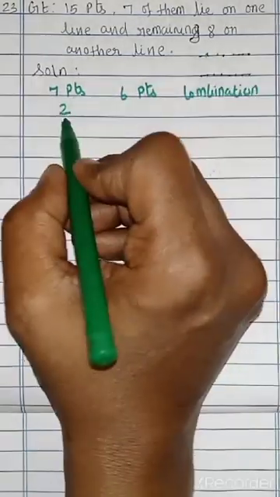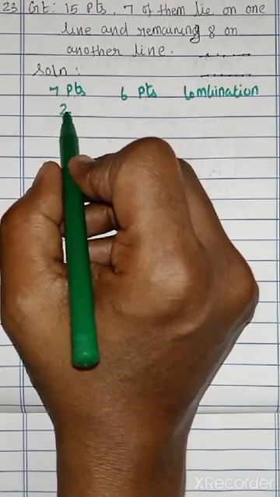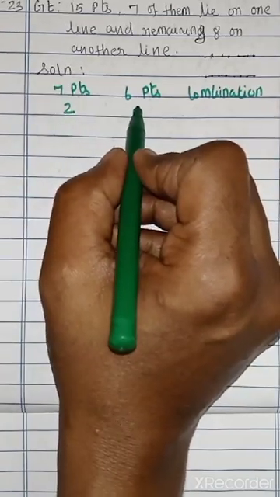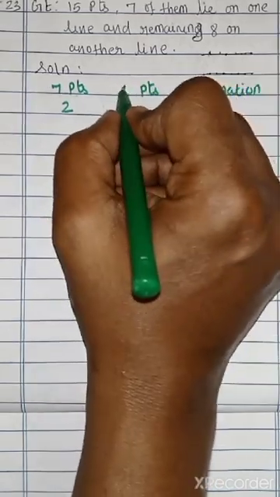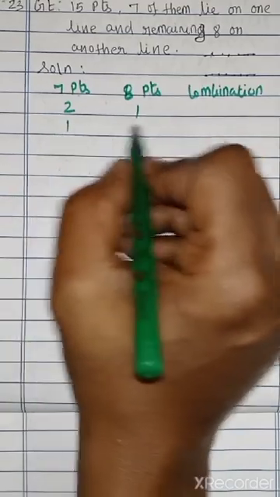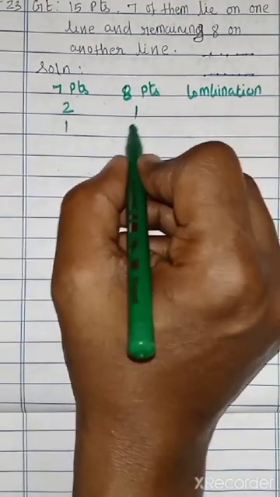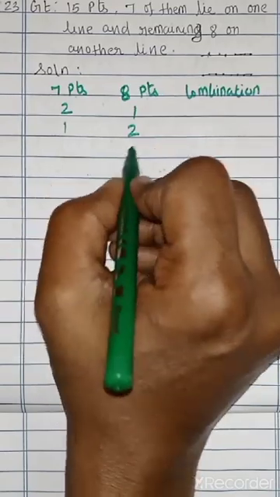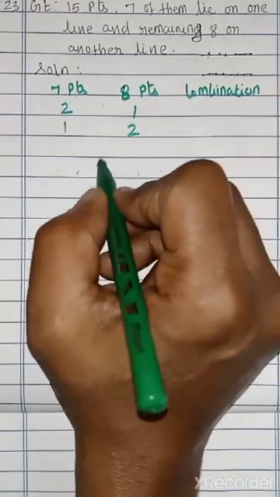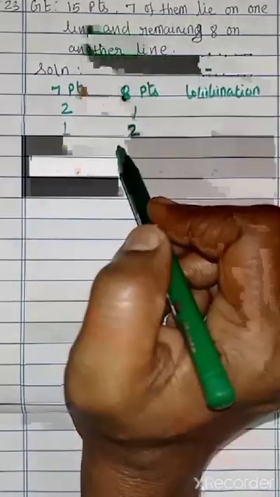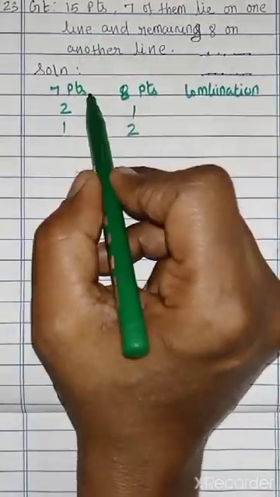So from the 7 points, at most we can take 2. And if I choose 1 point here, how many points do I have to choose from 8 points? 2. Is there any other combination? I can't put 0 and 3 or 3 and 0, because from the same line I can't take 3 points to form a triangle. So these are the only possible ways.